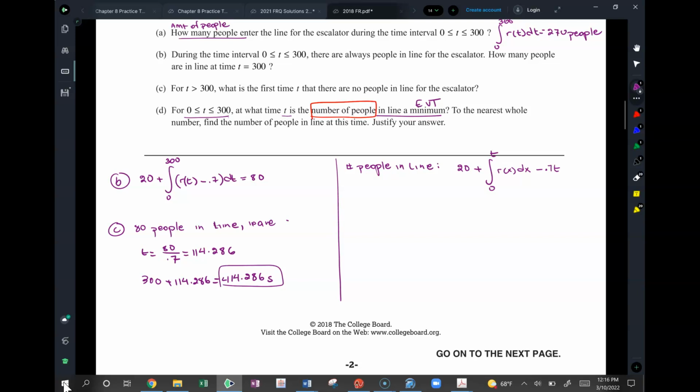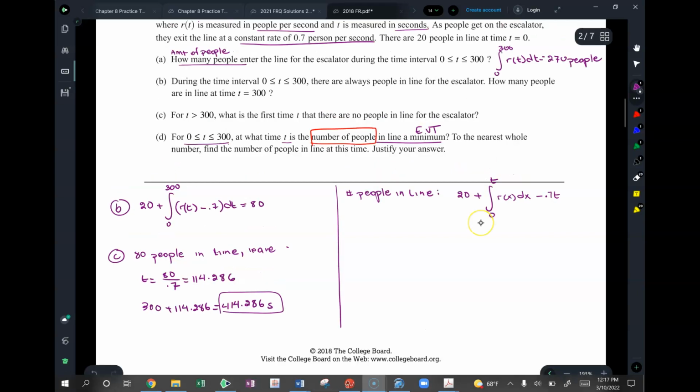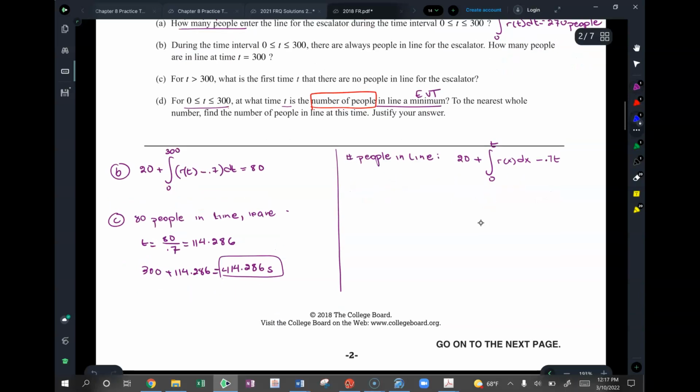Why aren't we putting the 0.7 like in the integral? What we need, however, is the derivative of the number of people in line. So what would that be? If you take the derivative of this, you get 0 for the 20, right?